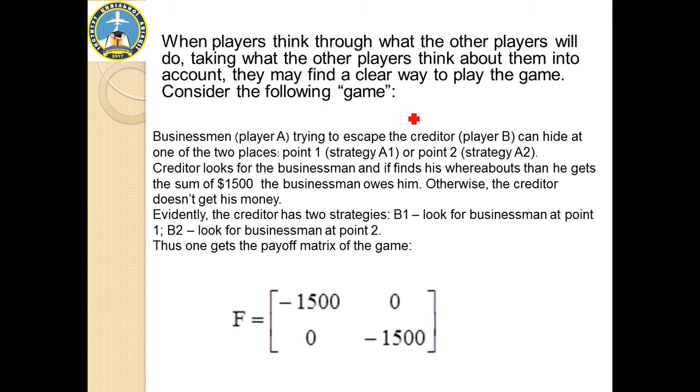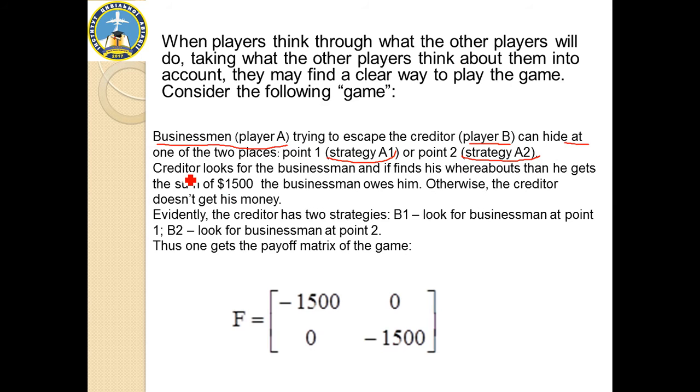But let's get to this example, which is not so obvious. Let's think through this simple game. A businessman, player A, is trying to escape the creditor, player B, and he can hide at one of two places: point 1, his strategy A1, or point 2, his strategy A2.